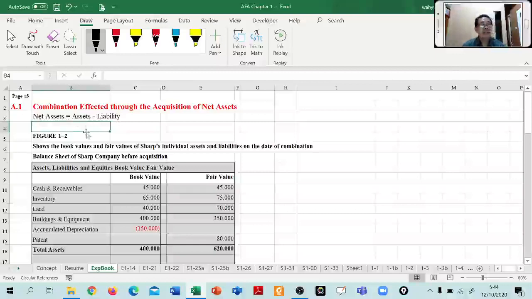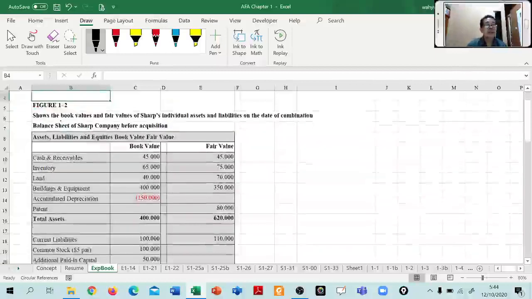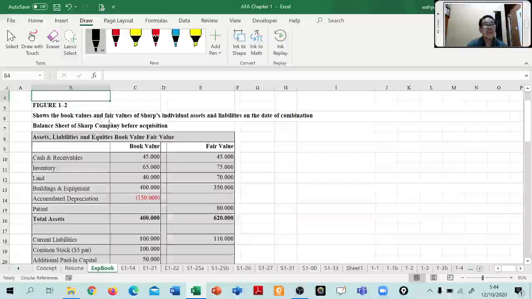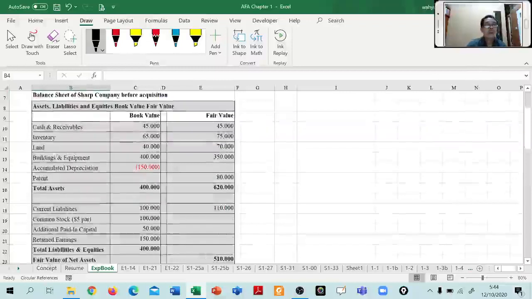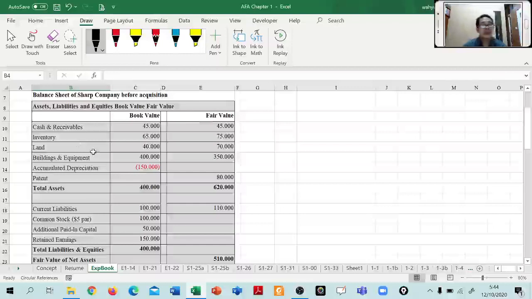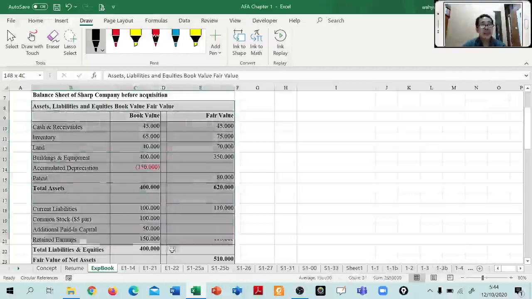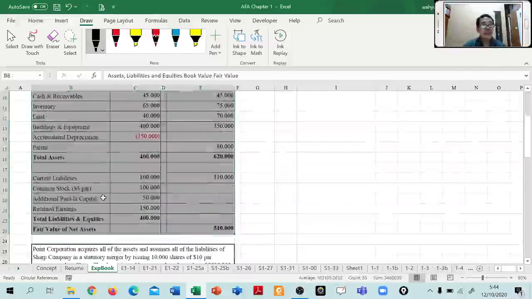Next, Figure 1-2 shows the book value and fair value of Shark's individual assets and liabilities, that is, the balance sheet of Shark Company before acquisition. You can see it in the textbook, on page 15.